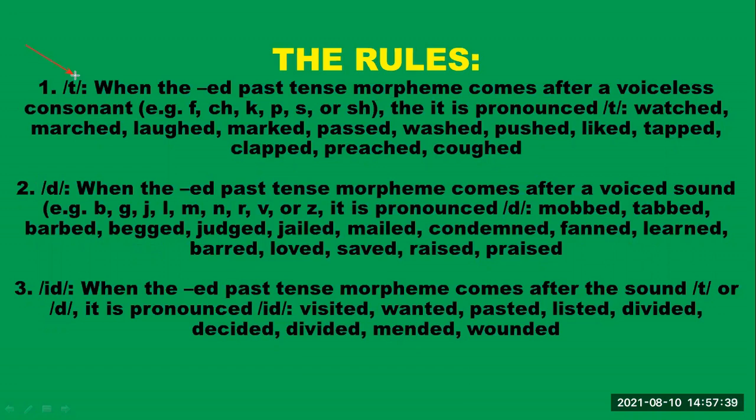Now, when the ED past tense morpheme comes after a voiceless consonant, such as F, CH, that symbolizes the cha sound, K, P, S, or sha, then of course it is pronounced T. All right. And then we have examples.